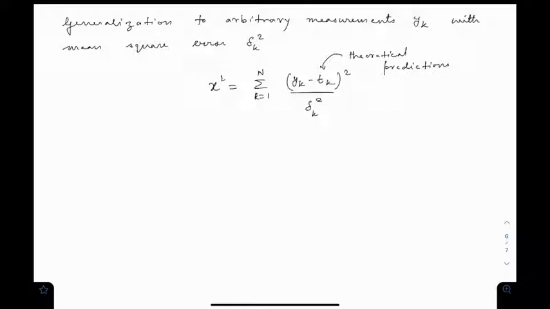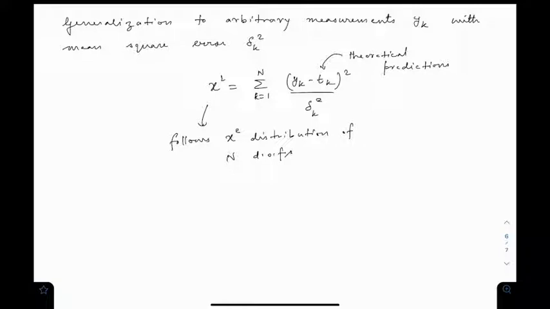So chi-square basically follows a chi-square distribution of n degrees of freedom. Our necessary condition for the validity of the chi-square distribution is that the uncertainties follow a normal distribution.